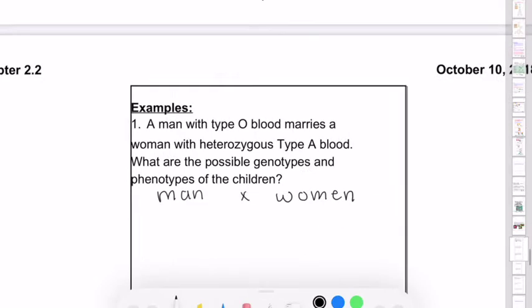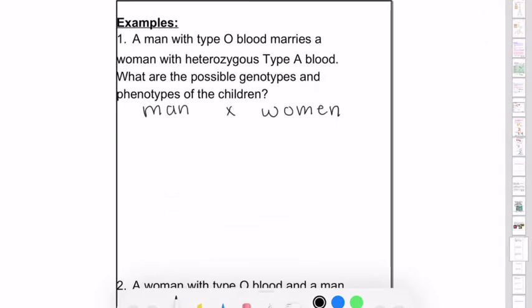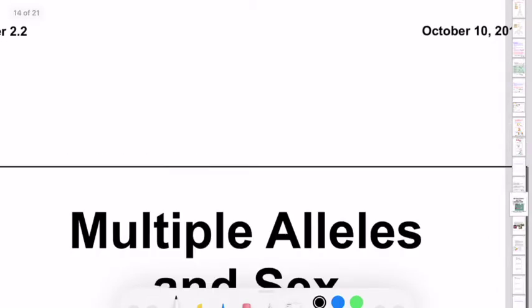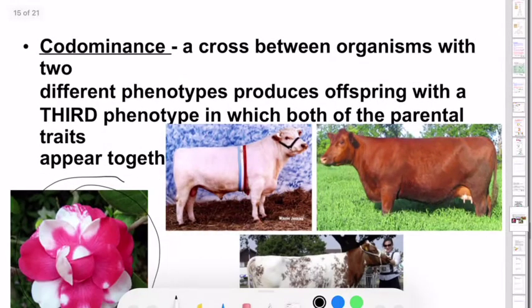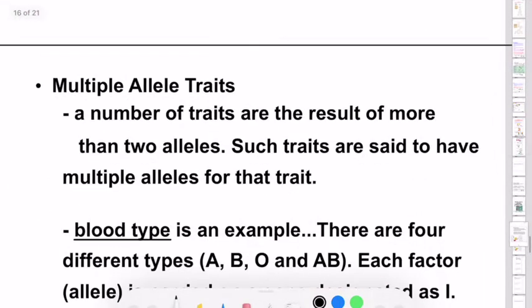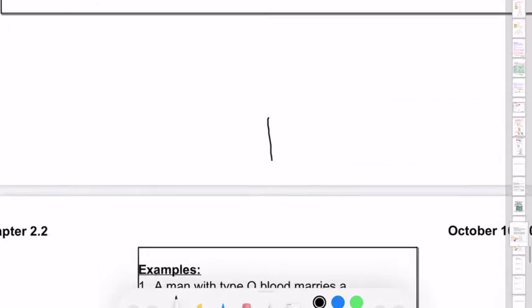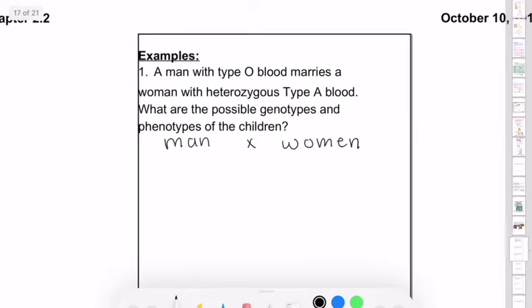So it says a man with blood type O. So if we go back one slide. Right here, we see that if you have blood type O, then you are ii. So for this guy, he's little i, because he has blood type O. For a woman, she is blood type A and she's heterozygous.